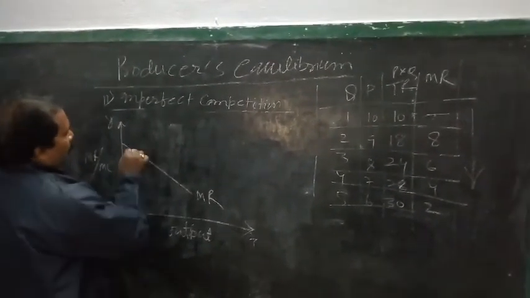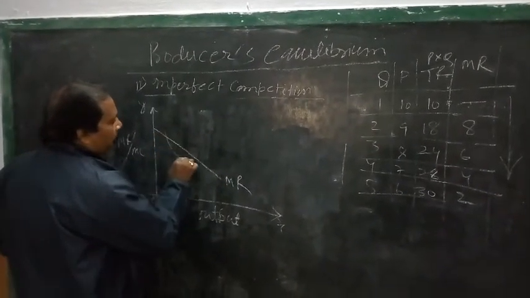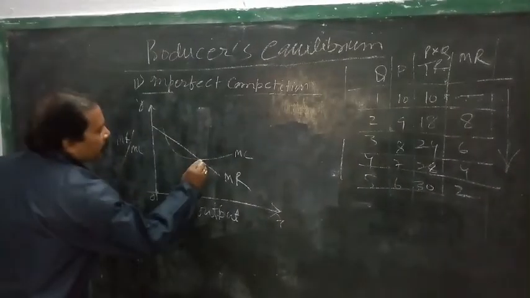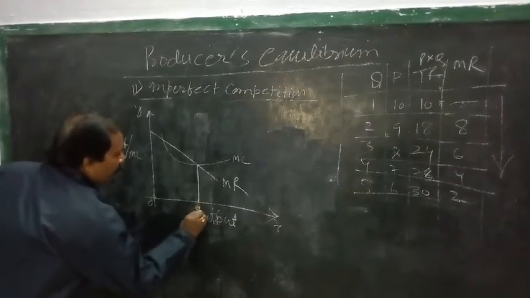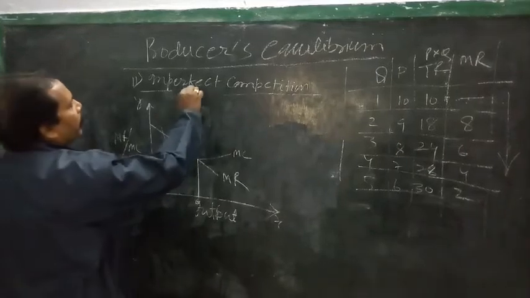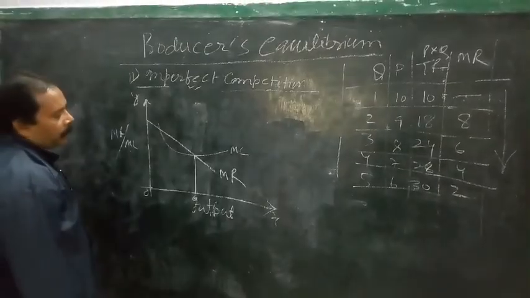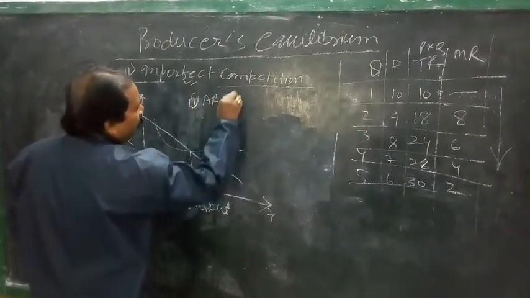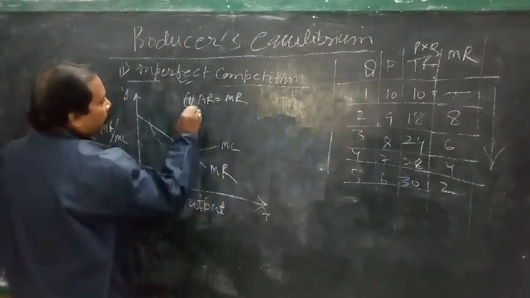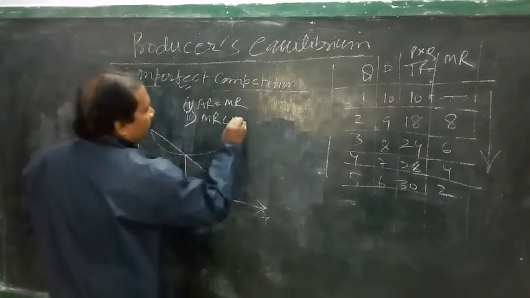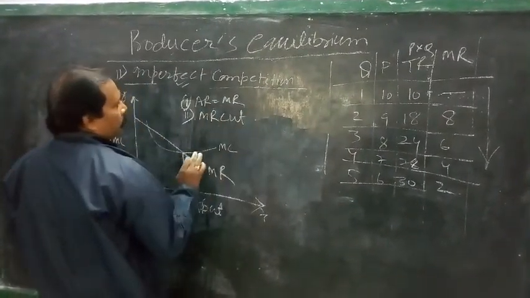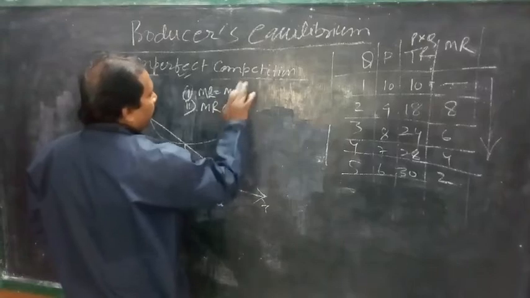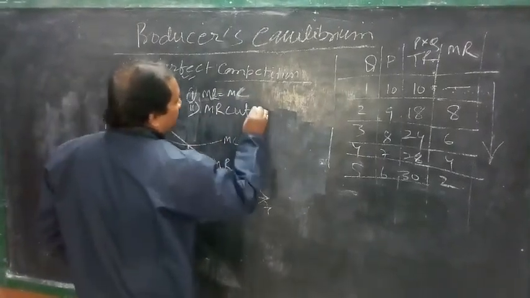As I told you, MC always cuts MR. So this is the point where a producer will earn maximum profit in case of imperfect competition, because it fulfills both conditions. First, AR is equal to MR is equal to MC, and second, MR cuts MC from below.